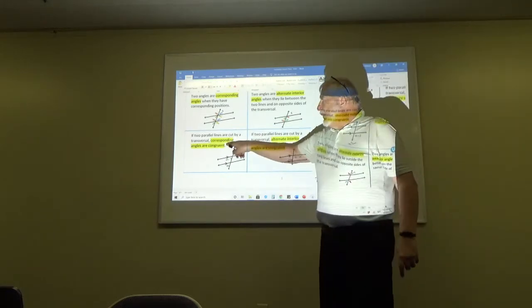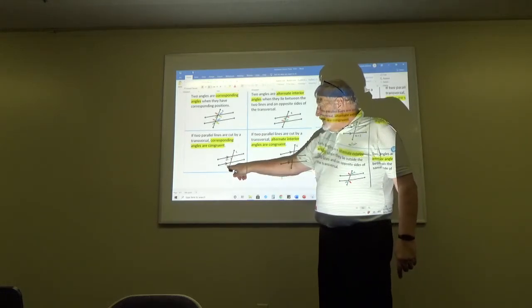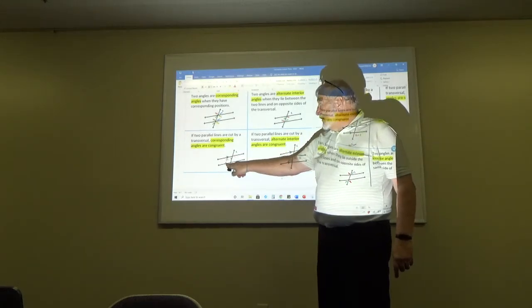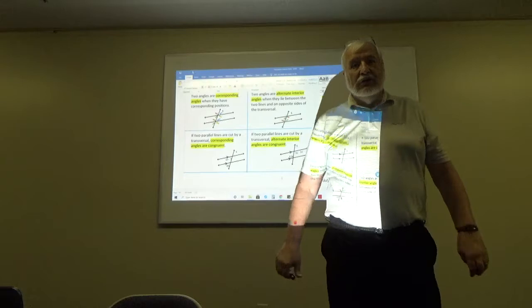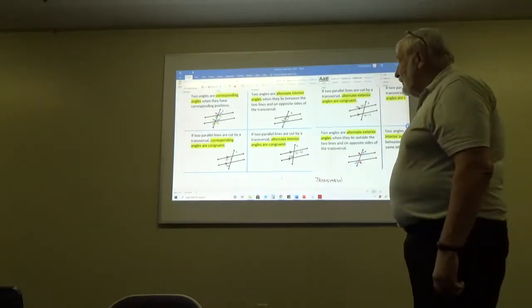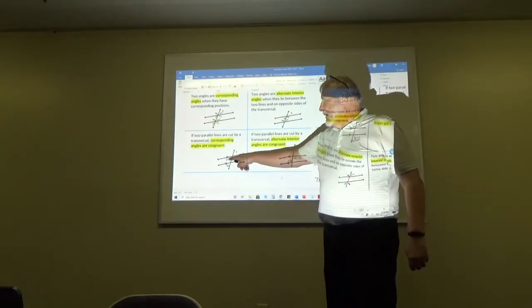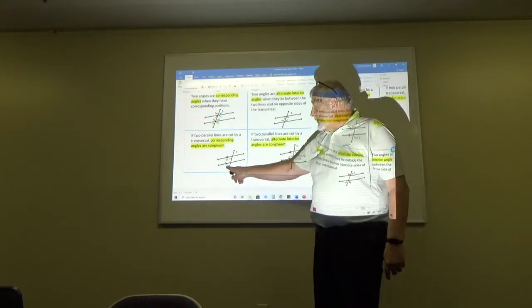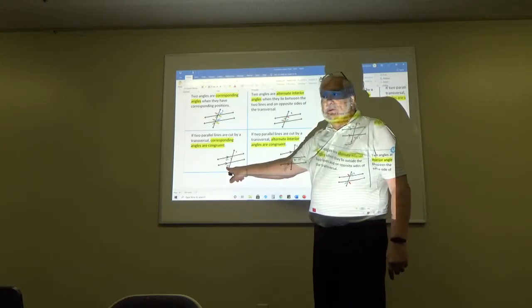all right, corresponding angles are congruent, so that means 65 is equal to 2x minus 3. And you can solve for x. Okay? This value is 65 because it corresponds with this one. Now, what is the alternating exterior angle with 65?